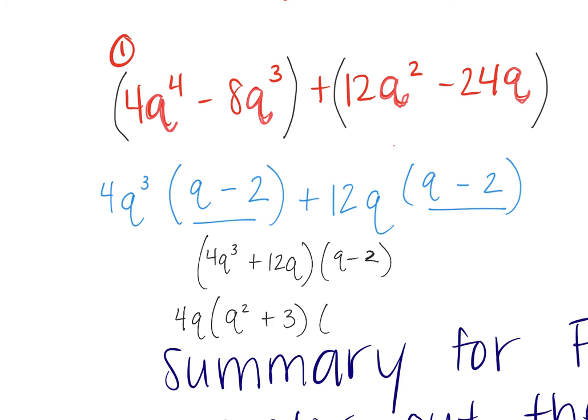Good. Can this be factored anymore? No. So some of these problems, guys, at the very end, after you've grouped it, after you've factored everything out, there's going to be something else you can pull out.